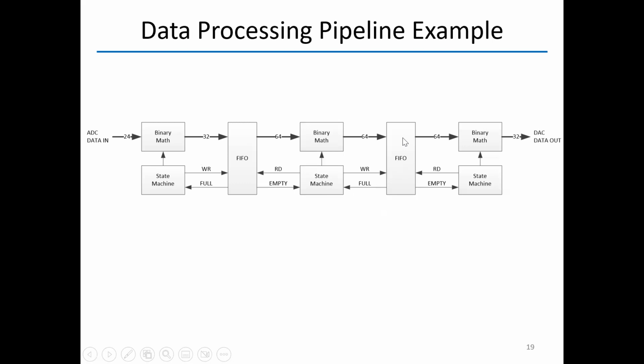Finally, this data will go through some mathematics to come out as a 32-bit. So it's going to be converted from 64 to 32. And this state machine will read whatever in here. And when the first in, first out is empty, I will get a warning empty.